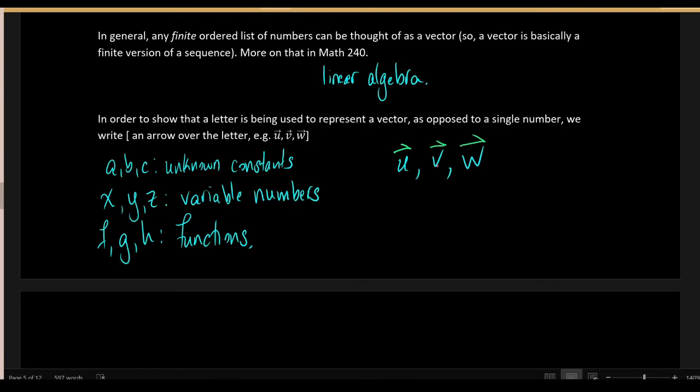So U with a little arrow on top, V with an arrow on top, W with an arrow on top. This is sort of like how we usually say not just F, but F of X, to emphasize the fact that that quantity is a function of X. We emphasize vectors by using an arrow on top of the letter.